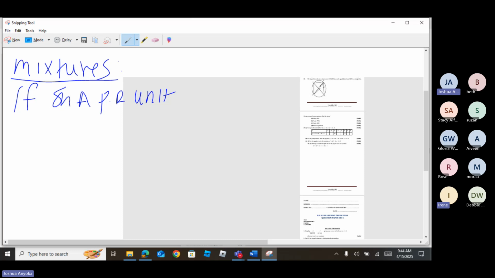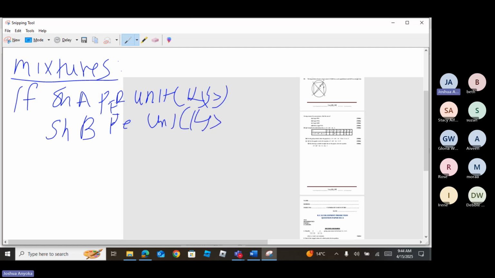Sometimes this unit can be kilograms, liters, or what. Another quantity goes at B shillings per unit, which can be kilograms or liters or whatever. The two are mixed in the ratio X is to Y.